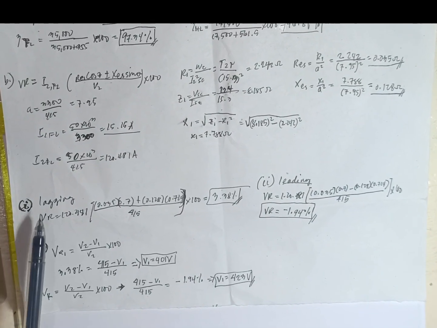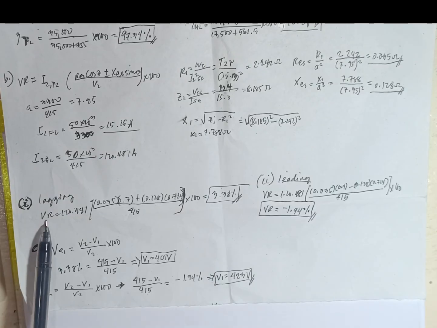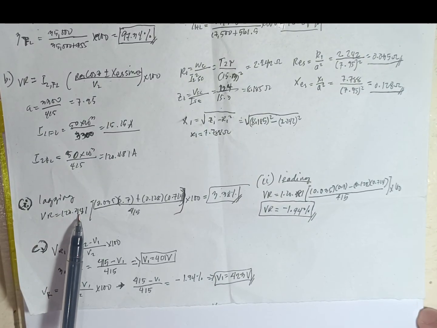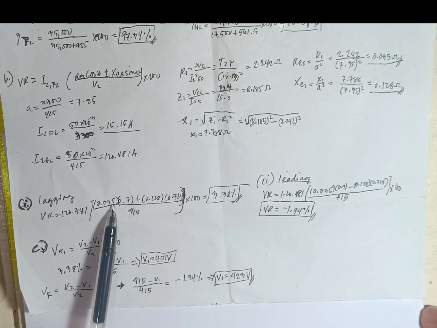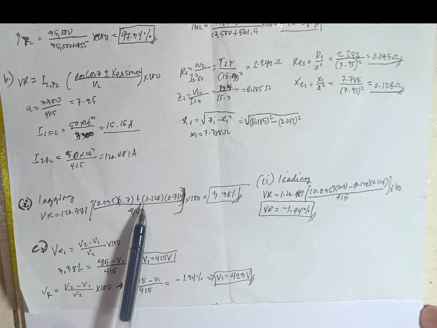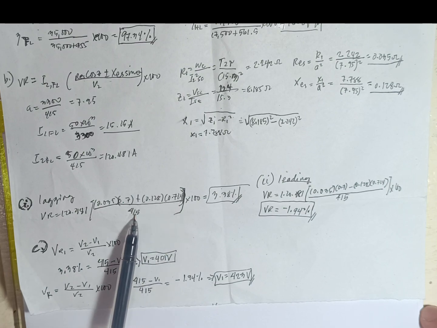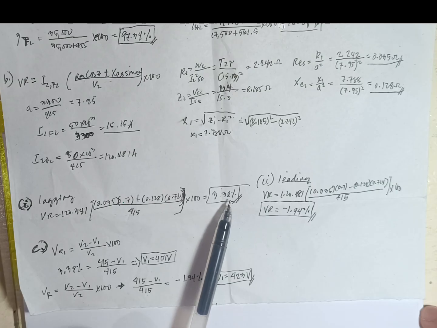For condition 1, which is lagging, the voltage regulation is equal to 120.481 times 0.035 times 0.7 plus 0.128 times 0.714, over 415, times 100, which is equal to 3.38%.